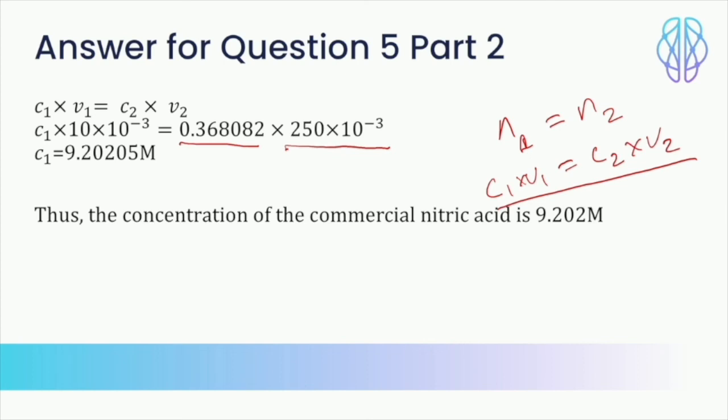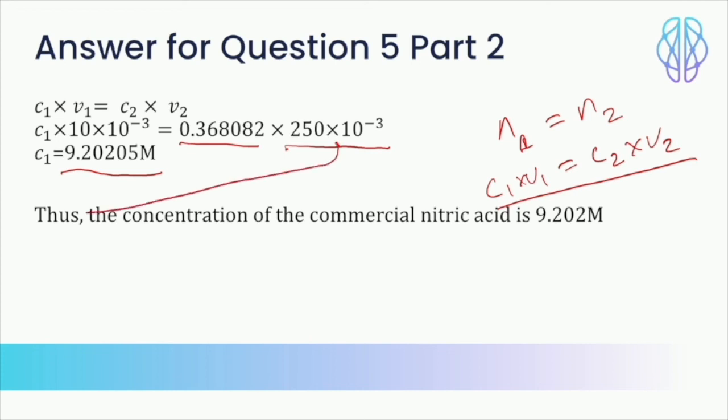So that was 250 milliliters. That's what we diluted it to. Rearranging for C1, you get 9.20205 molar.